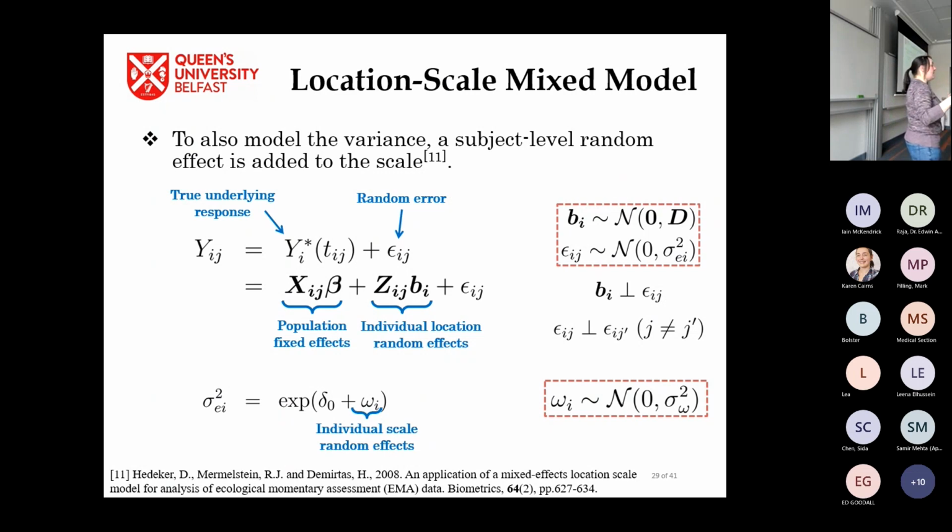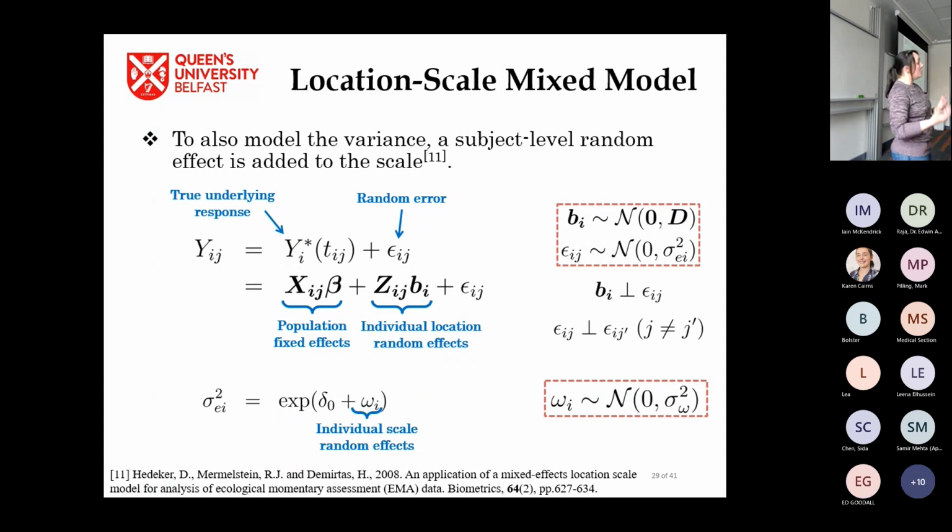What we can now do is update the variance for the random error terms, or epsilon ij's, and change that from sigma squared E, a population constant, to an individual specific estimate for our variance. So in the bottom equation, we're going to model that variance as well. Our sigma squared E i is going to equal the exponential of delta naught plus omega i.